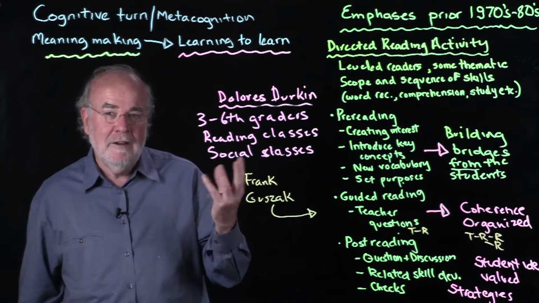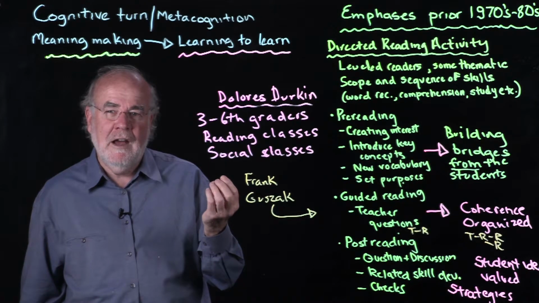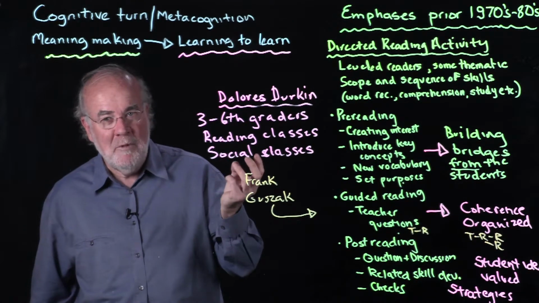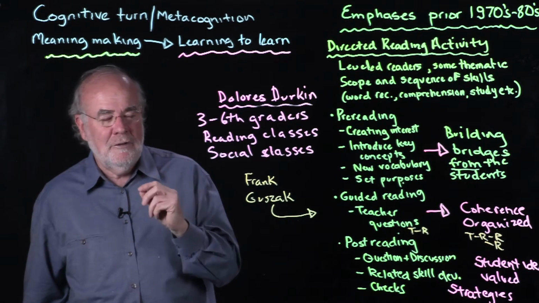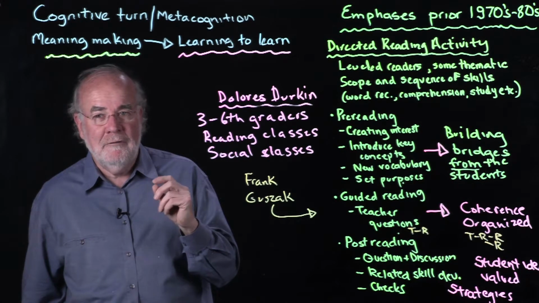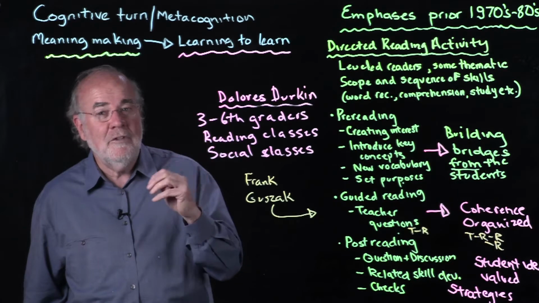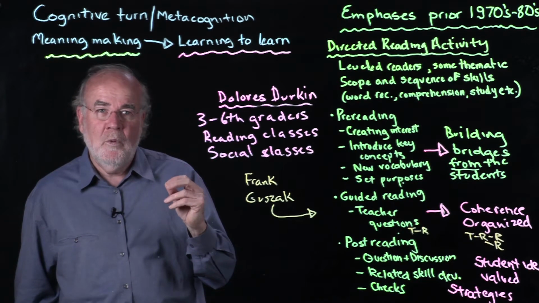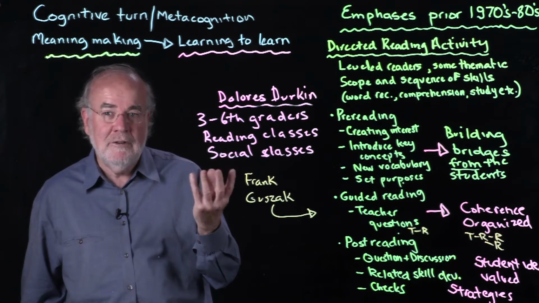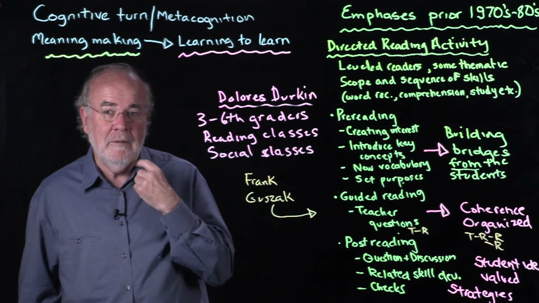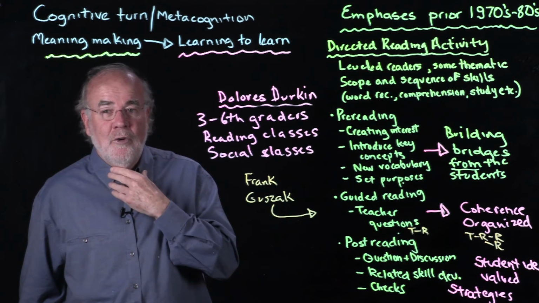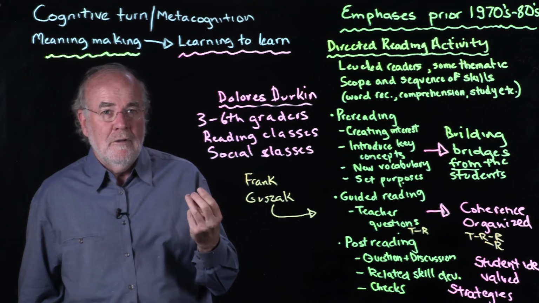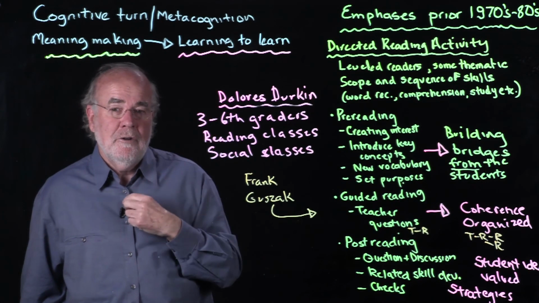And indeed, the fact that her own example was being criticized was not so much representative of a weakness with Dolores, but the state of the field. That we really, at this point in time, and I still think we may be lacking in many ways, we're not really sure of what we need to do to actually help students learn to learn.